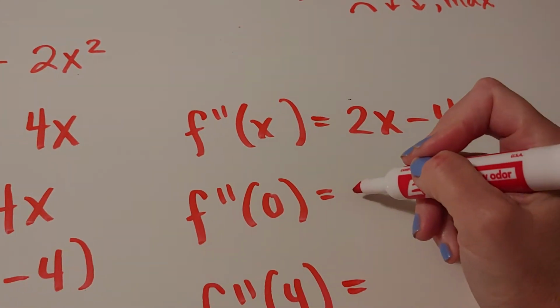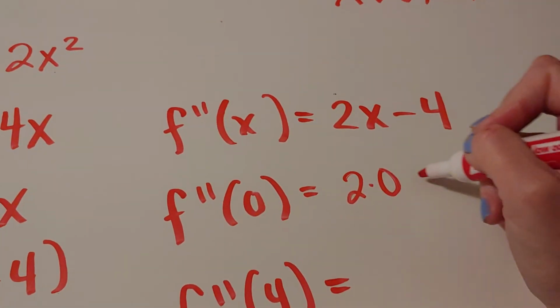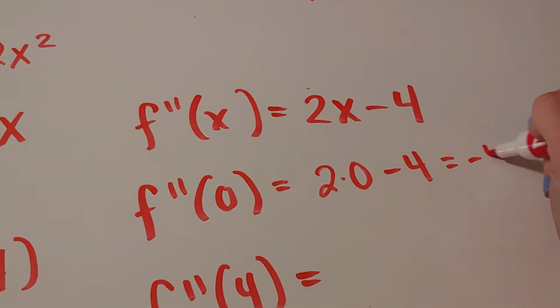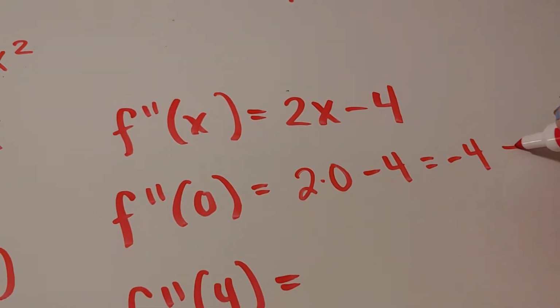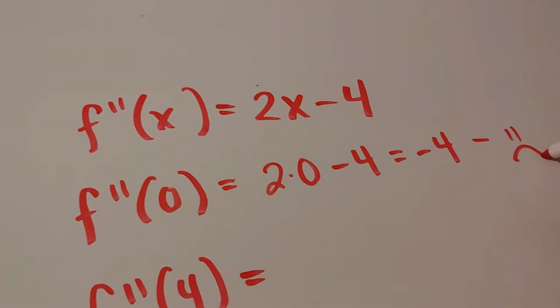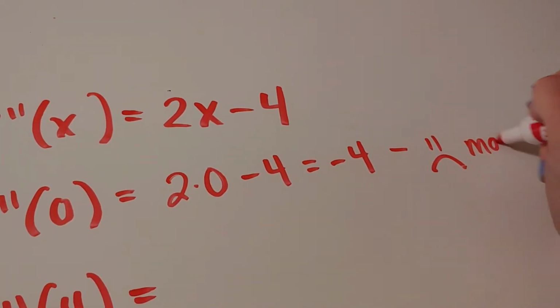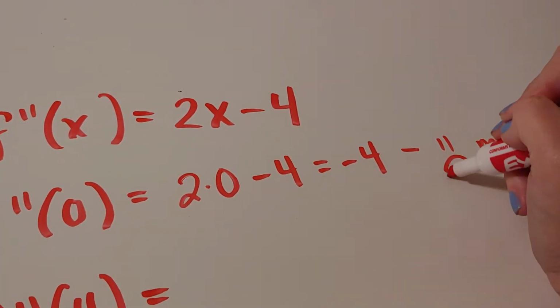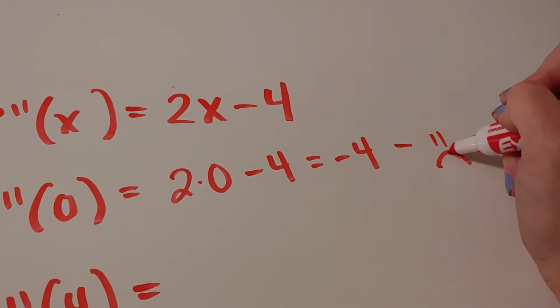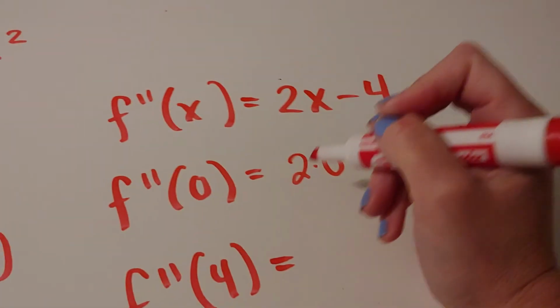So when I plug in 0, I get 2 times 0 minus 4. I get a negative 4. If I'm negative, I'm sad. And if I'm sad, I'm concave down. And if I'm concave down, that means that I'm a max. See the picture? Down, so it'd have to be a max. So I know I have a max at 0.